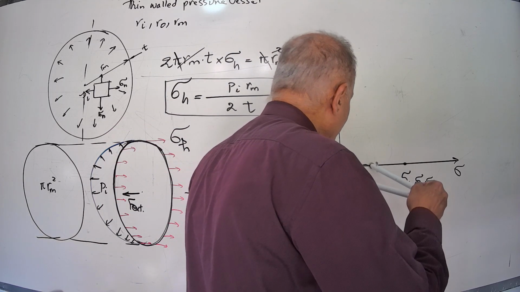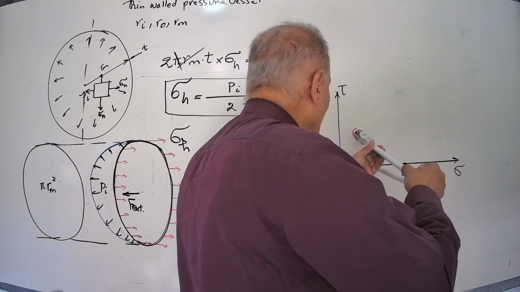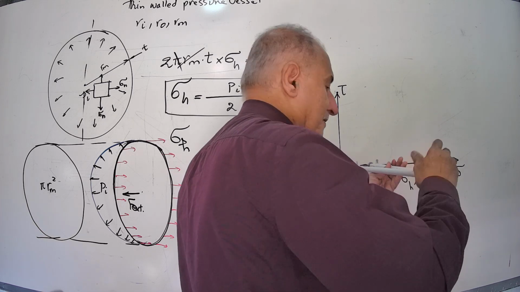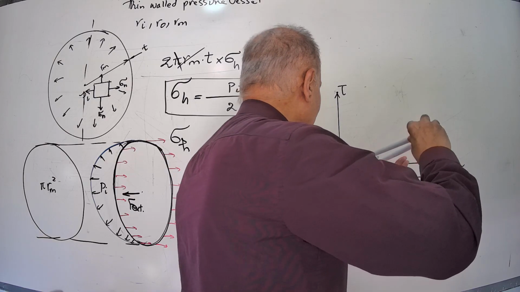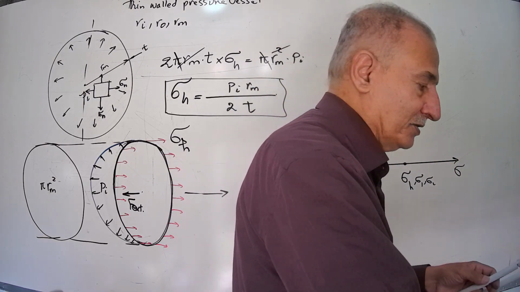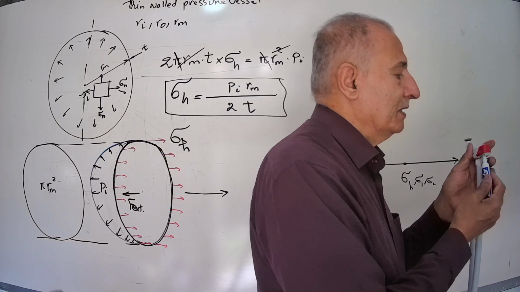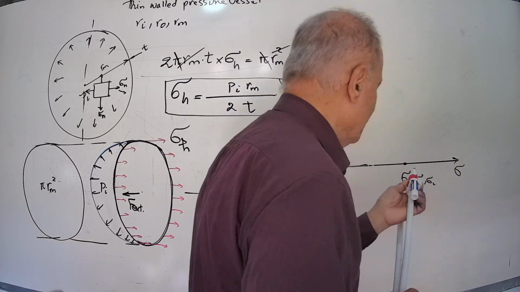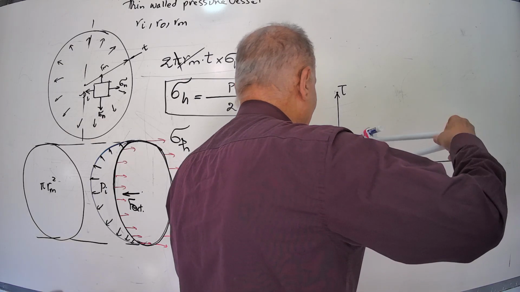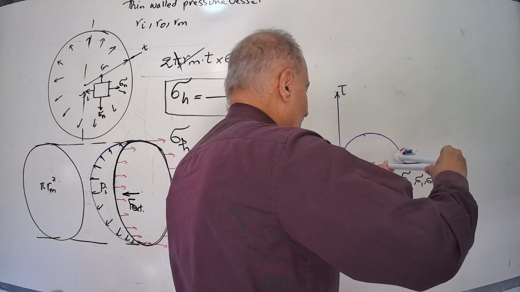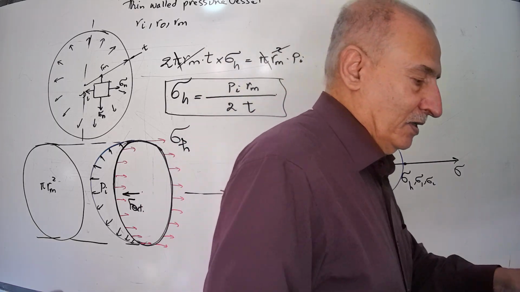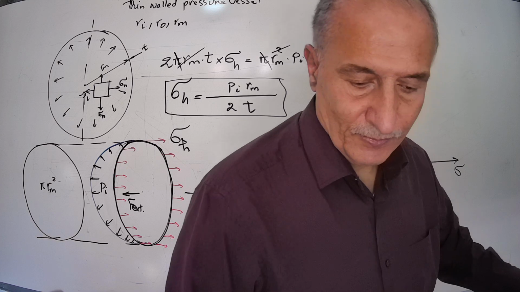The point between these two, 0 and sigma h. What does it mean for us?